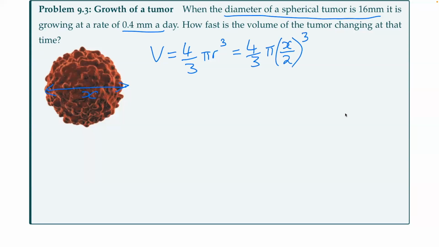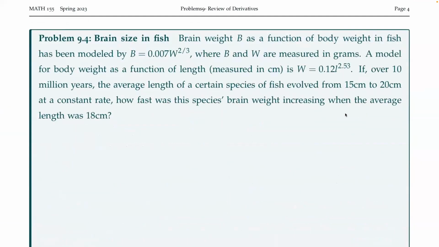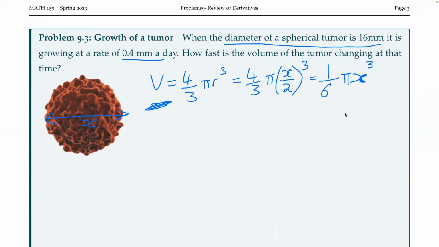So x over 2 is going to be the radius. So if we cube this, we're going to have an x cubed, and we're going to have an 8 in our denominator. So this is eventually going to reduce to a 6th of pi x cubed. So what I've done here is I've rewritten my volume in terms of my diameter, which we're given, rather than the radius. That's the first step here.